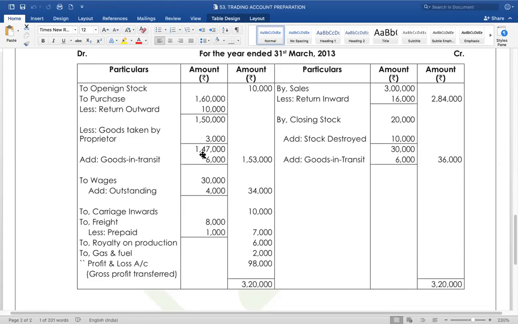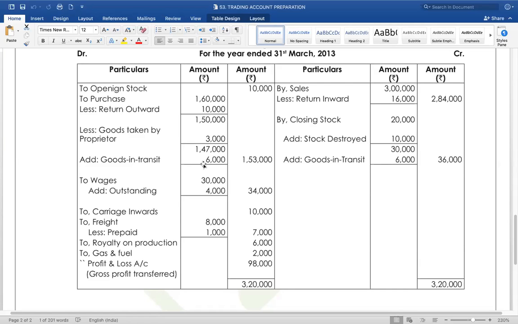Out of this, some goods have not yet reached your premises. You have to add those things also. There are some goods for which an invoice is raised, whether paid or not. They're on the way. You have to take those into consideration also. Okay, 6,000.